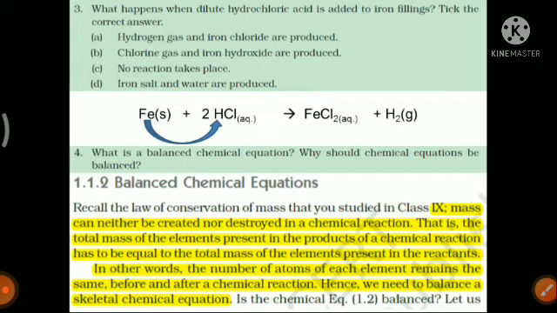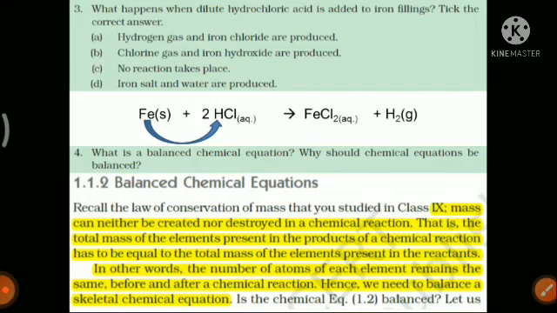Next, question number 3. What happens when dilute hydrochloric acid is added to iron filings? Iron filings means we have metallic iron, and it is added to dilute hydrochloric acid. Now if you look at the reactivity series, you will see that the reactivity of iron is higher than the reactivity of hydrogen.